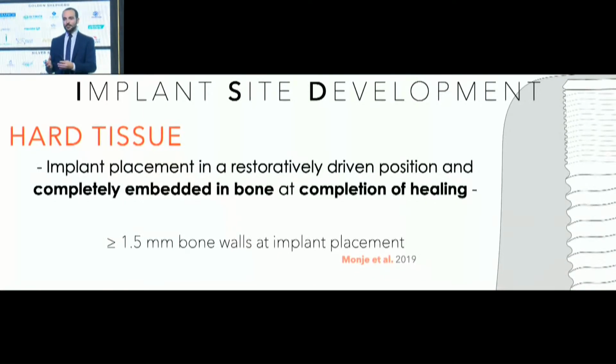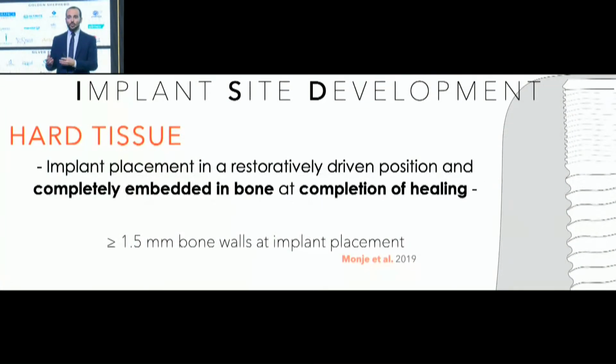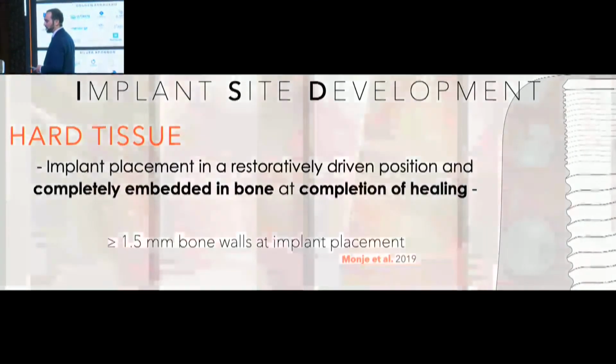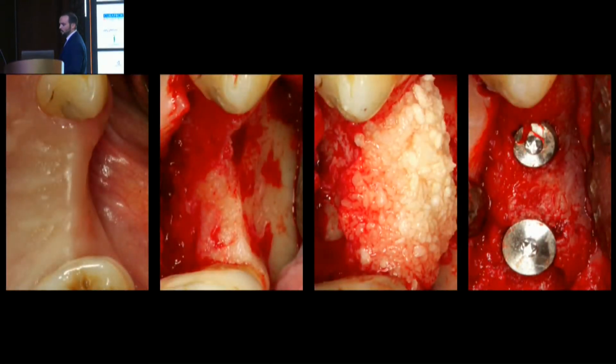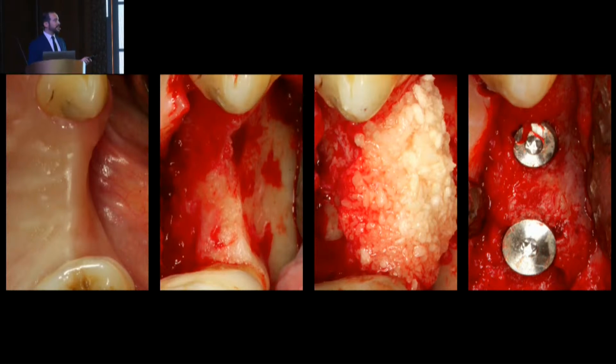If we place the implant with a very thin buccal or lingual bone wall, that bone will more than likely collapse and resorb through time. So if we place implants in a very thin alveolar ridge, we should always be considering some sort of alveolar ridge augmentation. What we are going to be focusing on today is these types of cases.